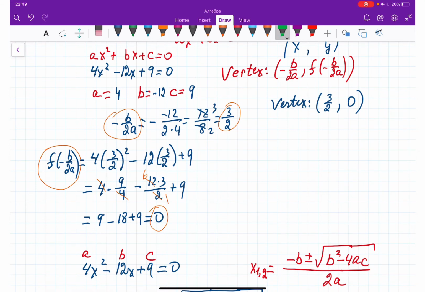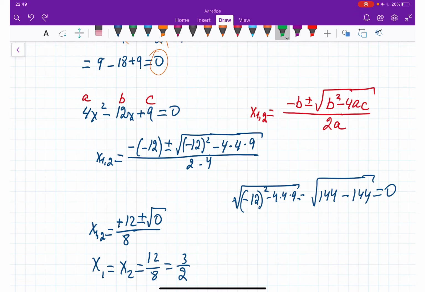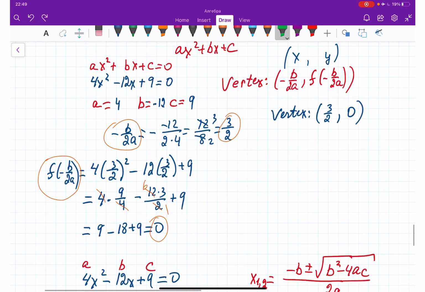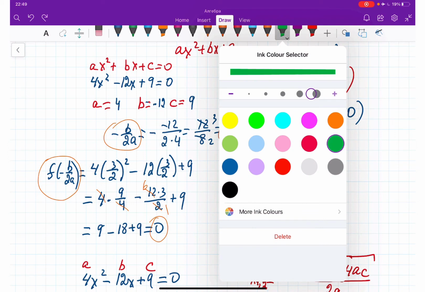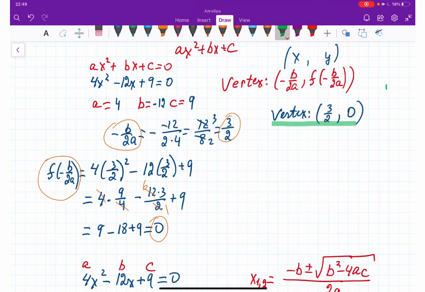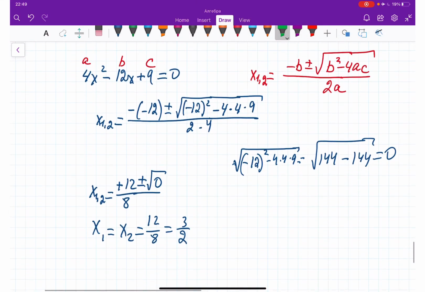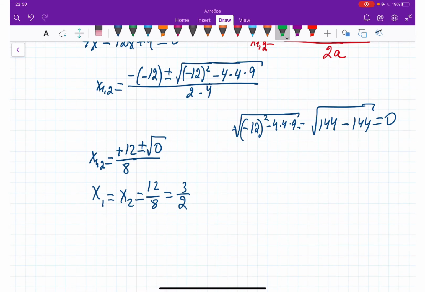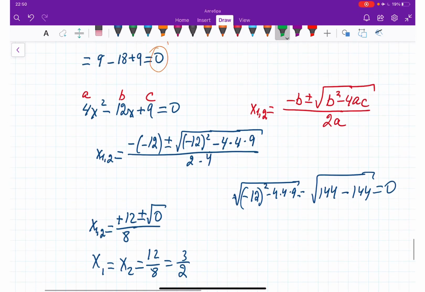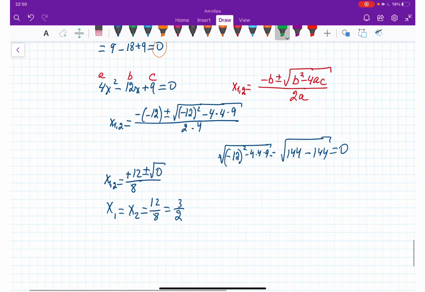So, first element we need to build. Wow, this is too thick. Okay, first element. The x-intercept, I figured out, is only one and it is the vertex, right? And we also need to find out if it's crossing the y-axis. So the x-intercept is going to be 3 over 2, which is part of the vertex.